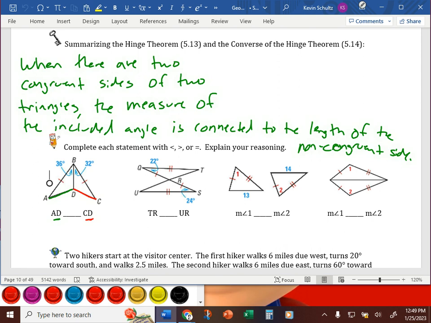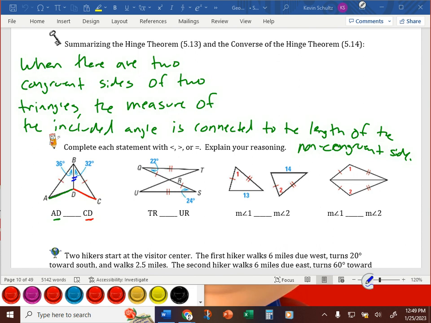With the Hinge theorem, we can take a look at the information that we know and make a decision. We've got one pair of congruent sides marked, and because of the reflexive property, we know we have a second pair of congruent sides here. So because we've got that included angle, that 36 and 32, what can you say about the length of AD compared to CD?